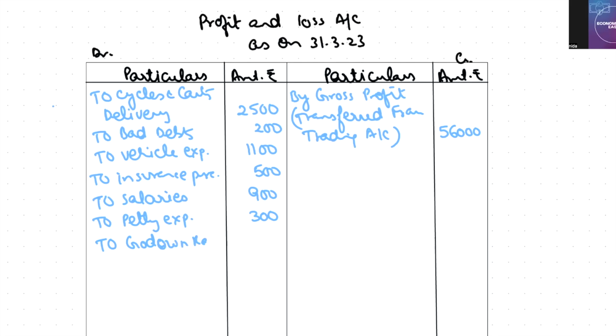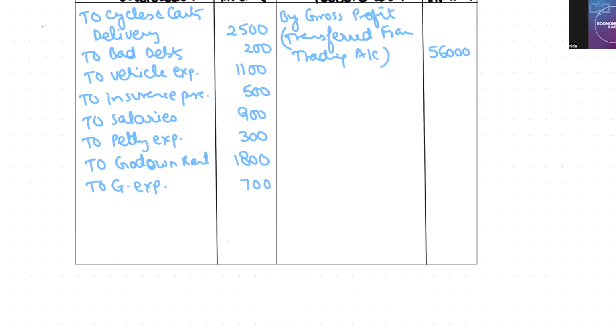Godown rent 1,800. Then to general expenses, I hope I haven't missed anything, okay, that is 700. Now gross profit, इसमें कुछ भी नहीं है, so of course 56,000 is more. So here you have 56,000 and 56,000.